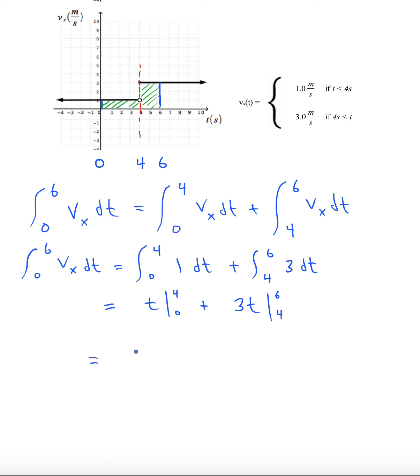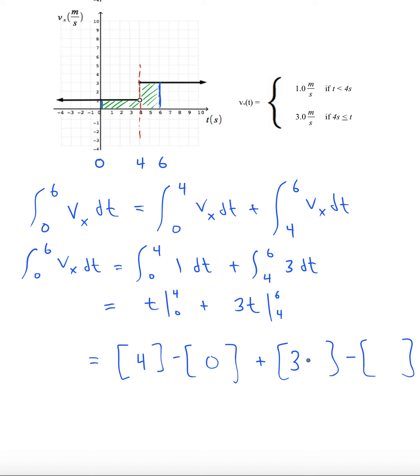All right, now I want to take that t, and using the fundamental theorem of calculus, I want to subtract, I want to plug in the 4 first, and then the 0. And I'll do the same thing over here for the 3t.